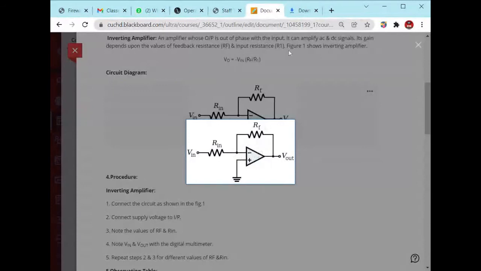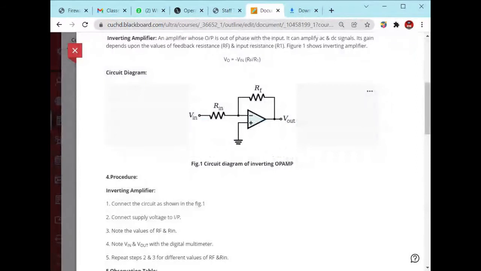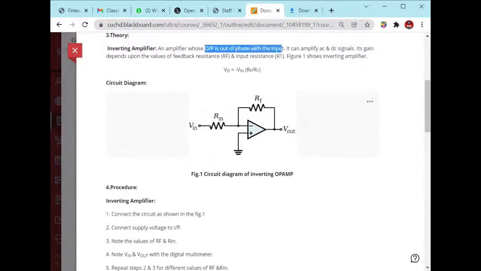As you have seen in the statement, its output is out of phase with the input, that means if you apply 1 at the input, you will get output 0.